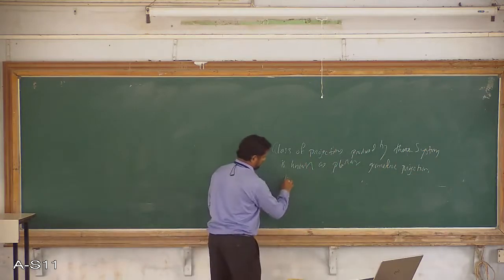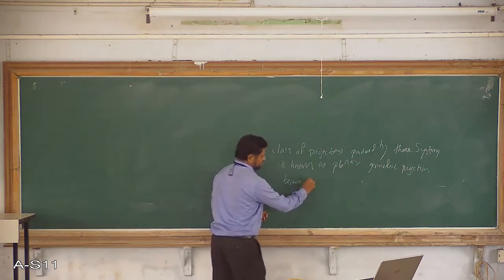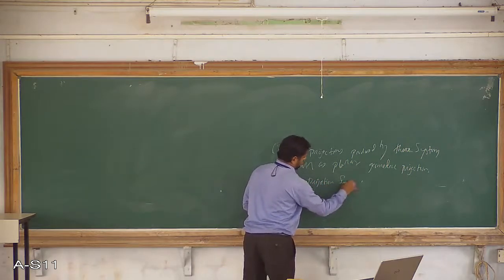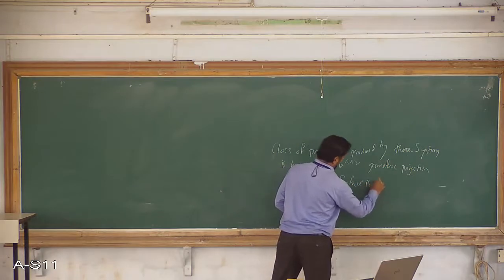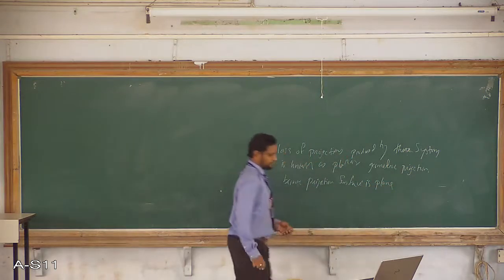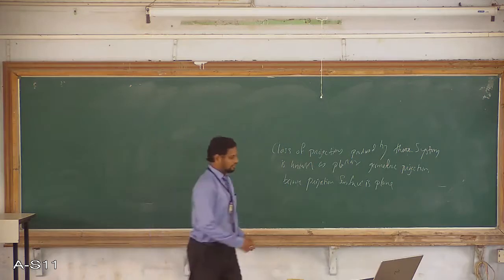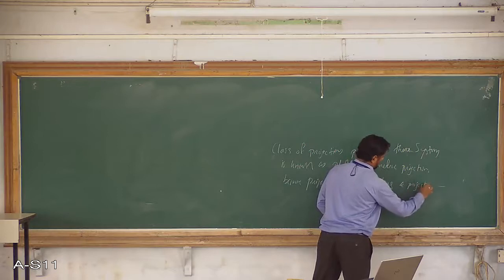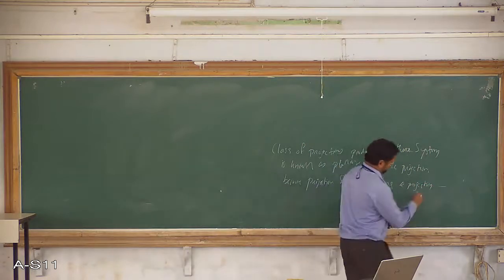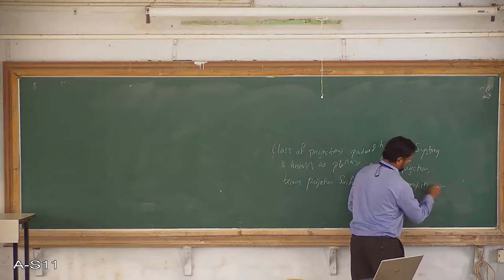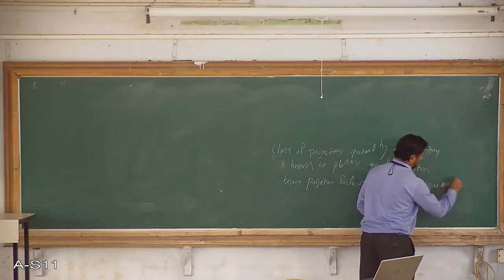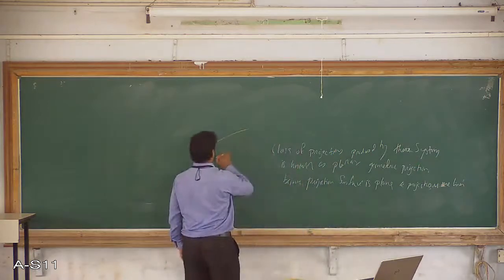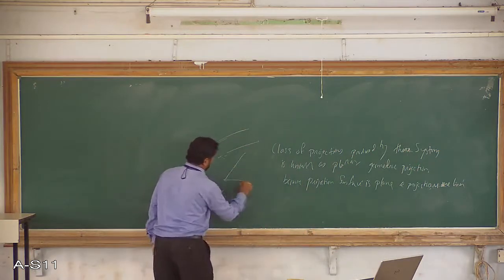Because the projection surface is a plane and the projections are lines, and the projectors are lines, you can say these are either parallel lines or they are meeting at one point.